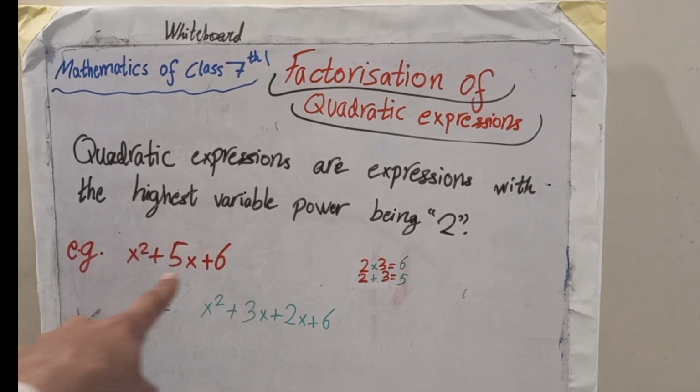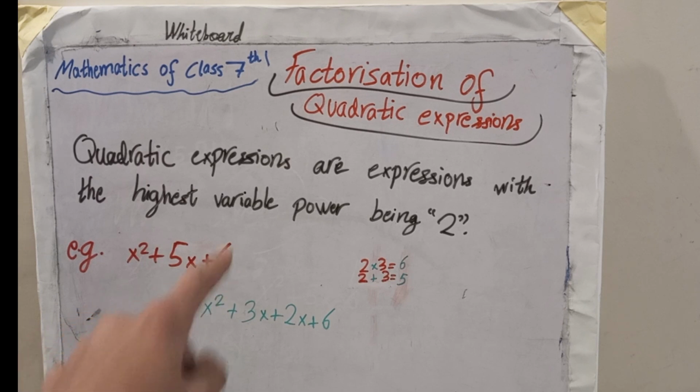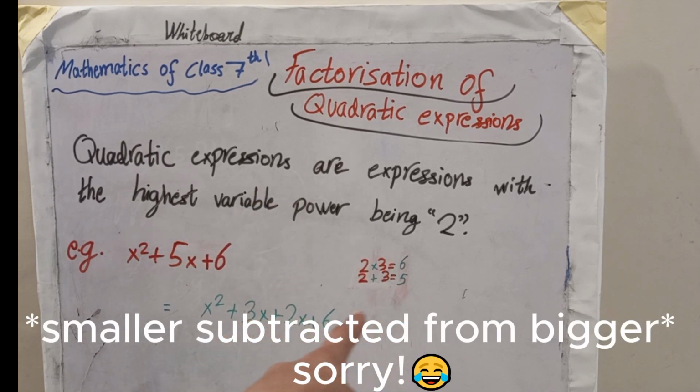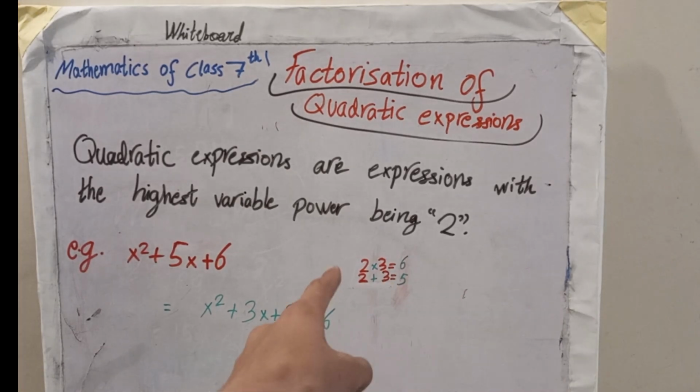Now, if there was minus 6 right here, then you would have to find numbers that when multiplied give you the last term, but if the smaller number is subtracted from the bigger number, that gives you the middle term. So here we found that the numbers are 2 and 3. 2 times 3 is 6. 2 plus 3 gives you 5. Now you always write the bigger number before the smaller number.